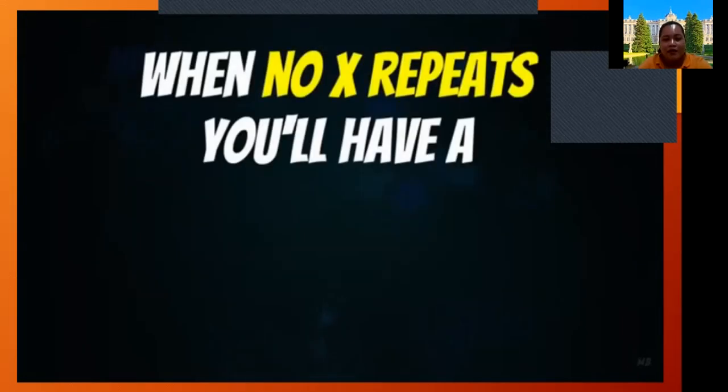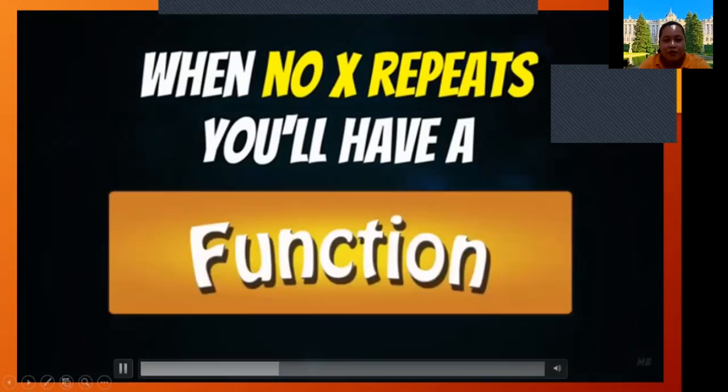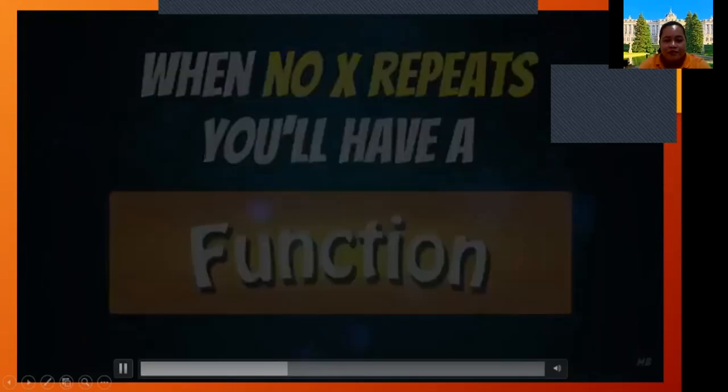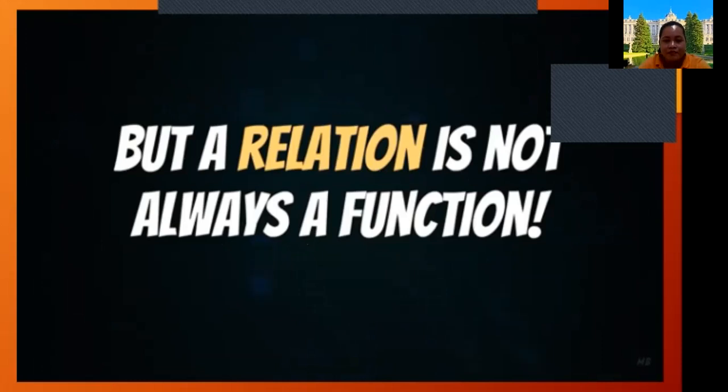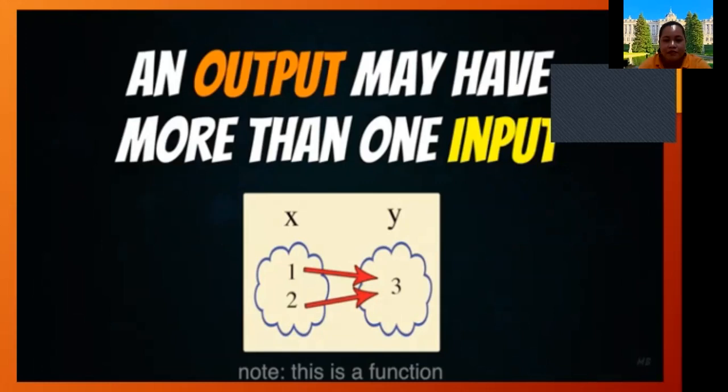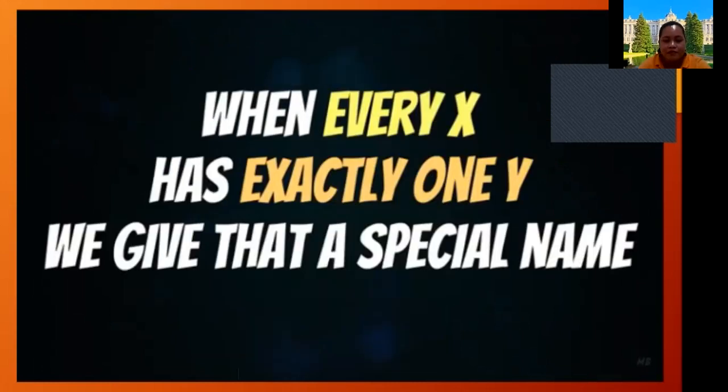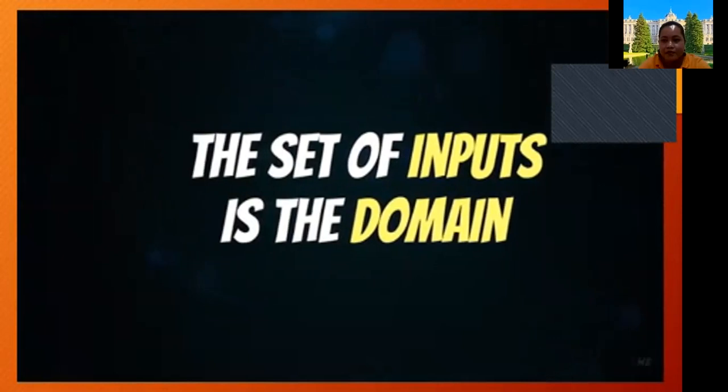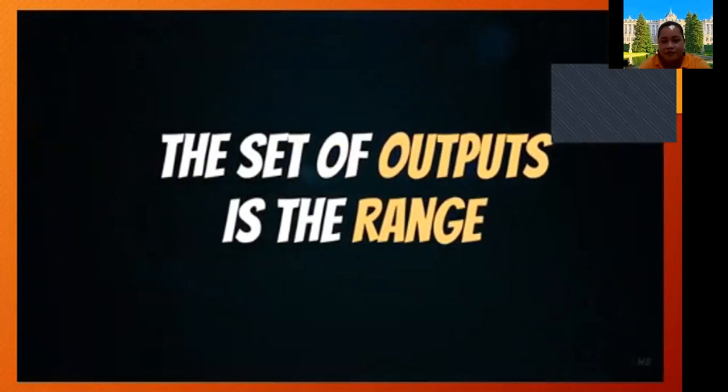When no x repeats, you'll have a function. A function is a type of relation, but a relation is not always a function. An input may have more than one output, an output may have more than one input. When every x has exactly one y, we give that a special name. A function!